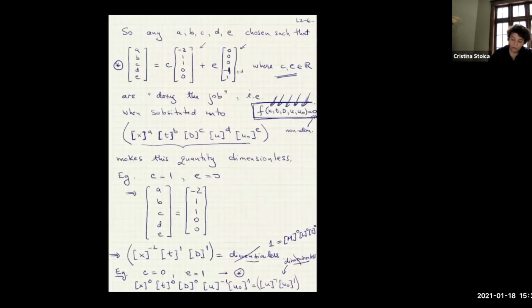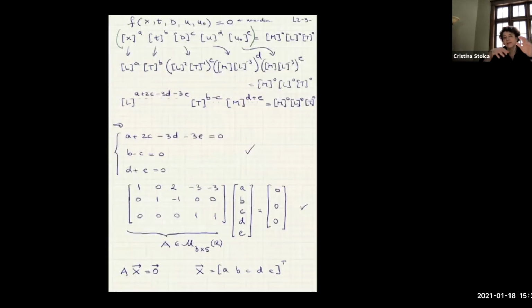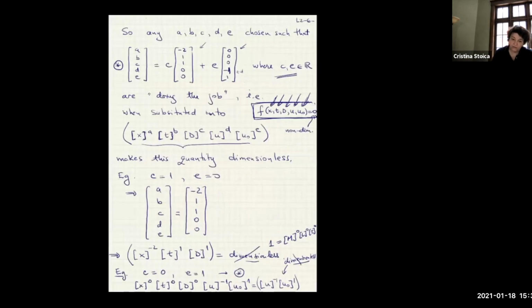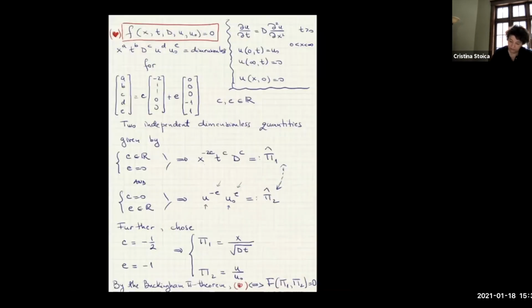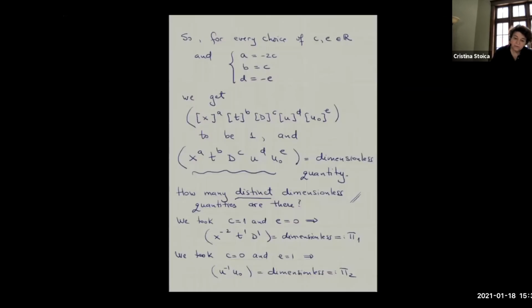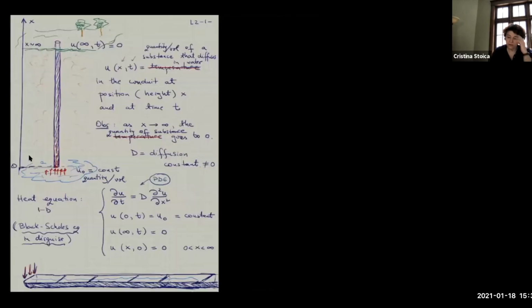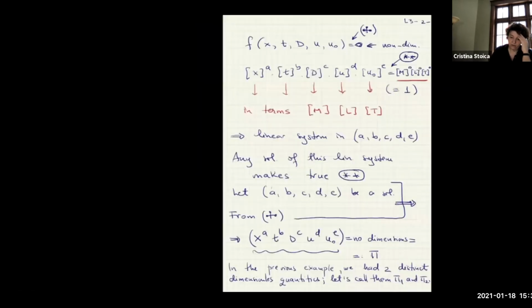Well, it was to go over this example in order to make sense of what is the Buckingham Pi theorem, which I'm looking to find here in the notes somewhere.